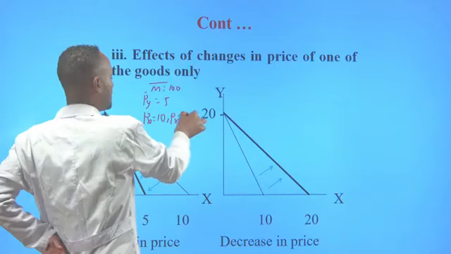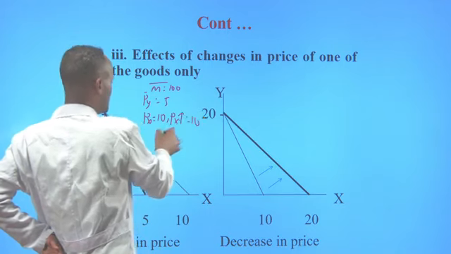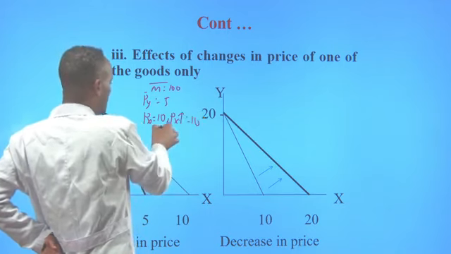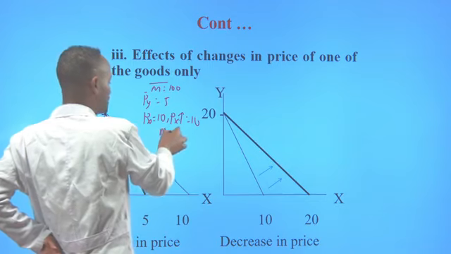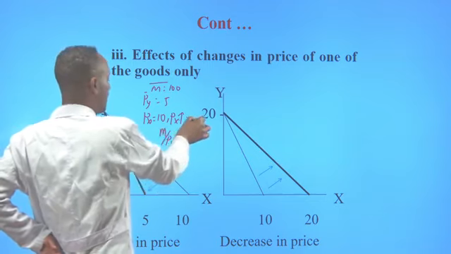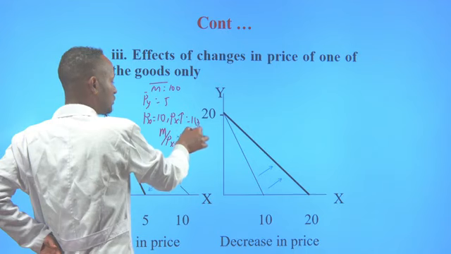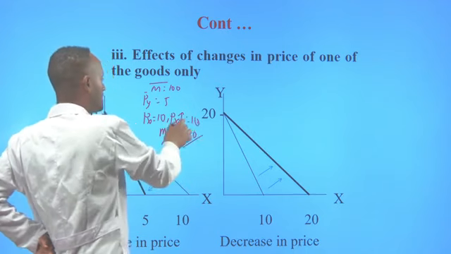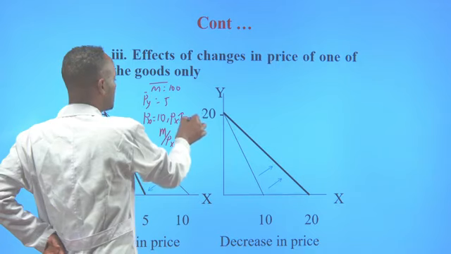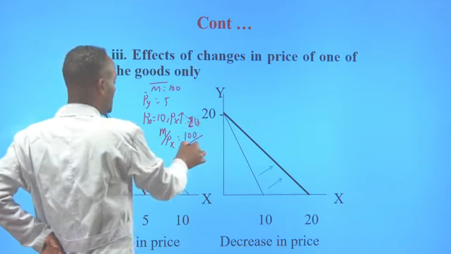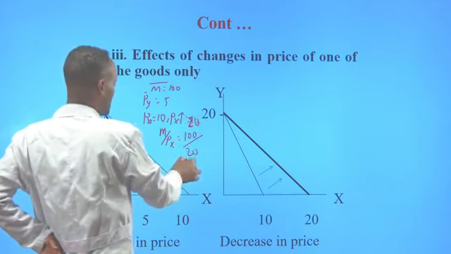Now the price of X increased to 20 birr, and then there is a change in the horizontal intercept of the new budget line. So M over the price of X gives the income of the consumer, which remains unchanged at 100 birr, divided by the price of commodity X, which has doubled. Now it increased to 20 birr, hence 100 divided by 20 is 5.